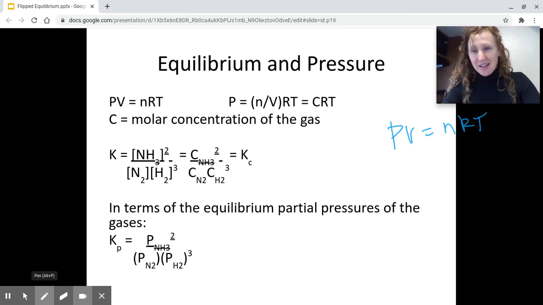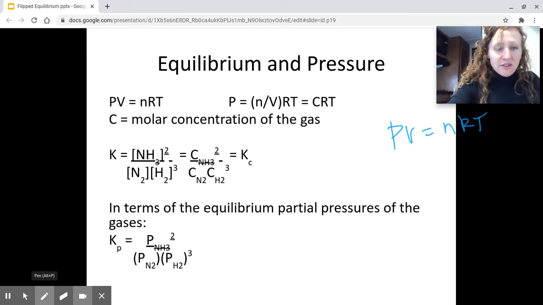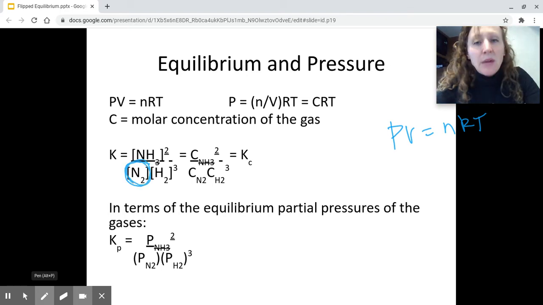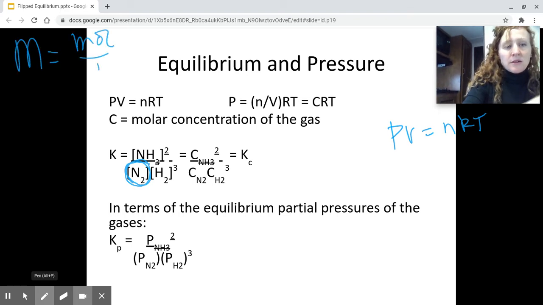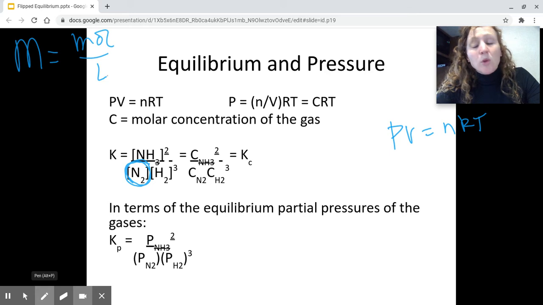So what is concentration? If I look at the concentration of N2 over here, what do I mean by concentration? I mean molarity, right? So what are the units of molarity? Units of molarity are moles per liter.